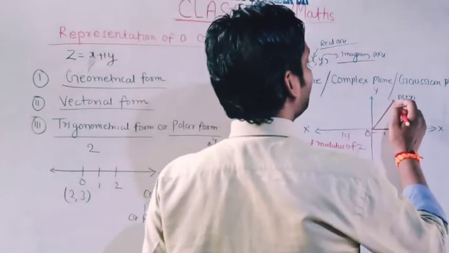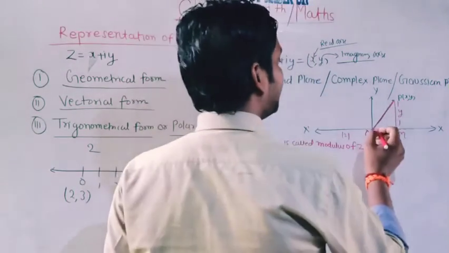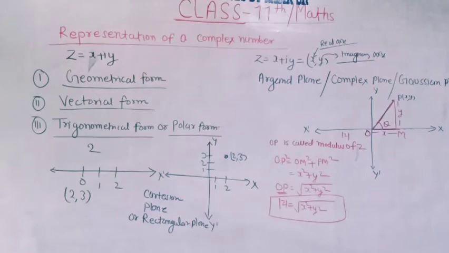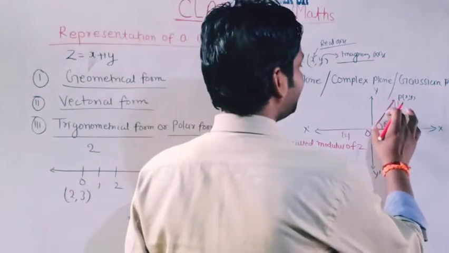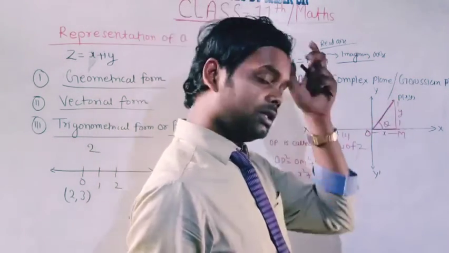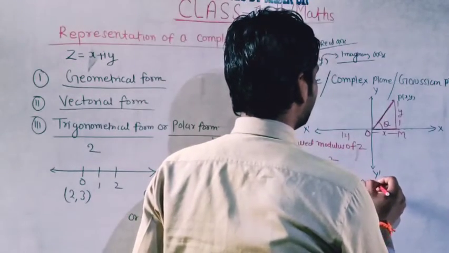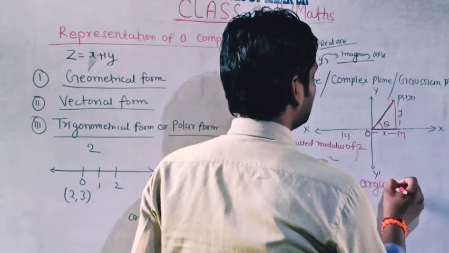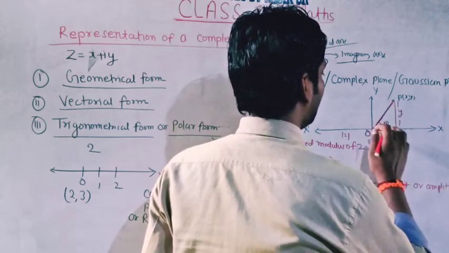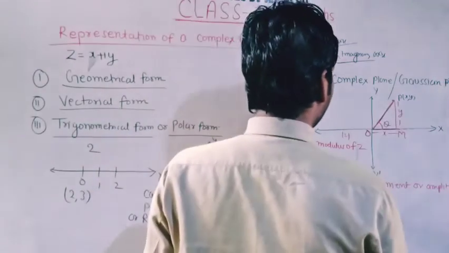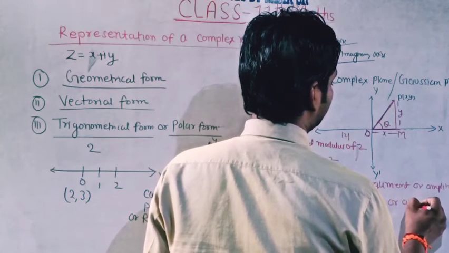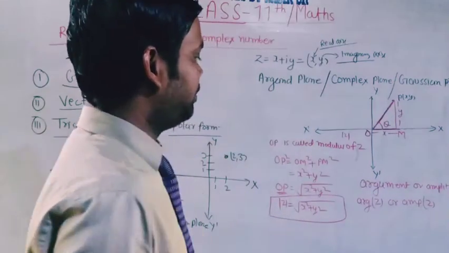And here this length OP makes an angle theta with the positive direction of the x axis. The angle theta that OP makes with the positive direction of the x axis is called the argument or amplitude of z, denoted by arg z.